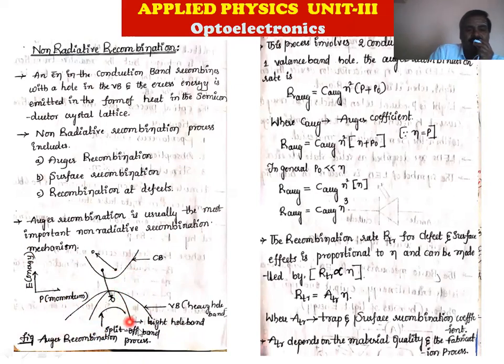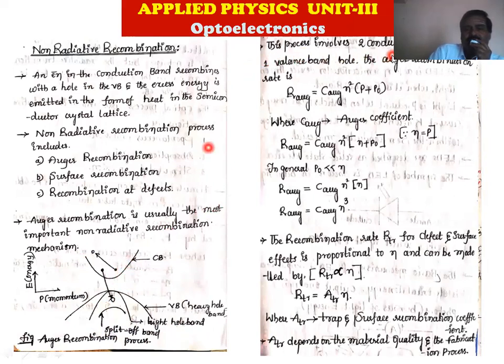Here the energy levels, light hole band and split-off band. So this is the mechanism picture of the valence band and conduction band with Auger recombination.